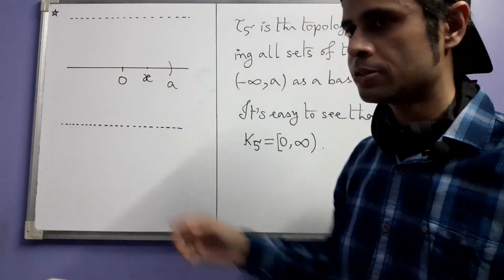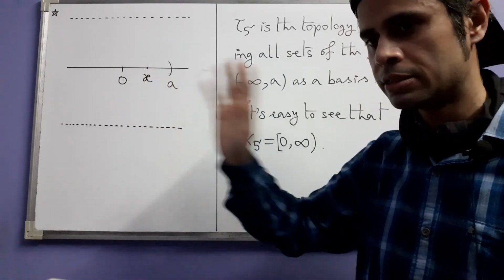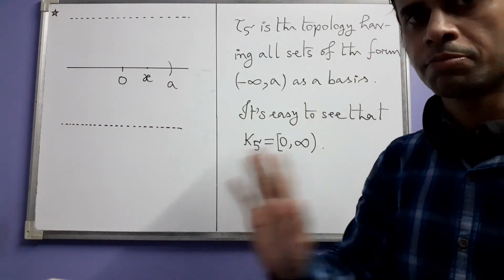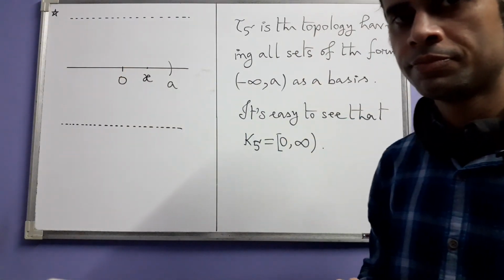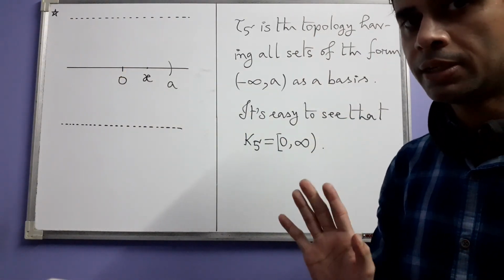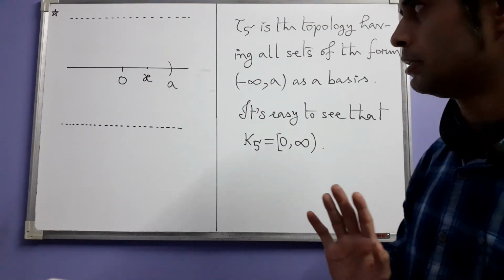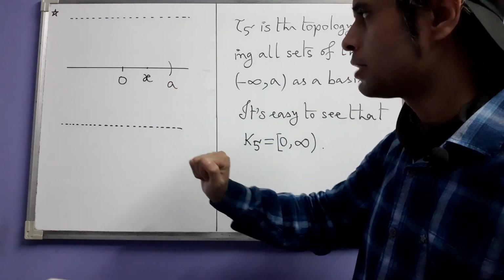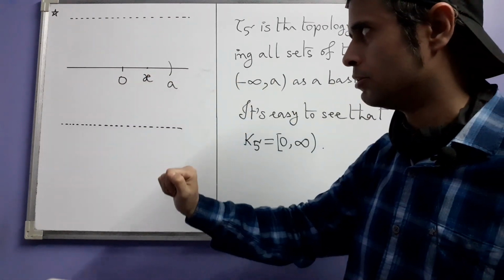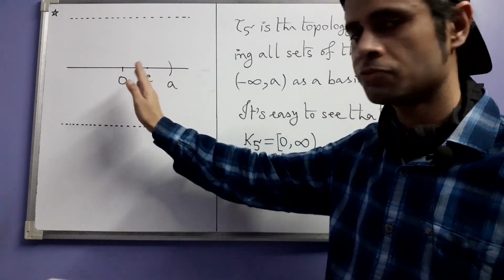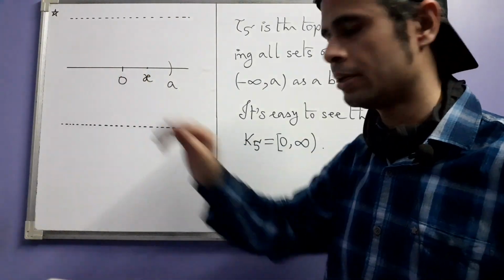Does this ray also contain those reciprocals, at least one of them, of positive integers? Yes, they are here somewhere. But you have to be careful about all the possibilities. It seems as though this x is very far away from 0 and all the reciprocals of positive integers lie to the left of x.